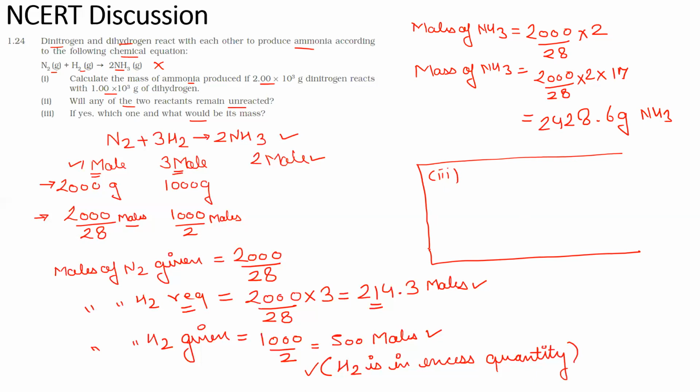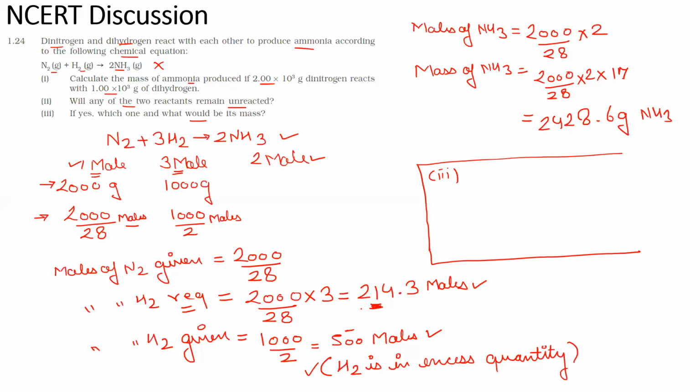Then we know that the moles of H2 required are 214.3. These are the moles of H2 required. And the moles of H2 that we were having were 500 moles.